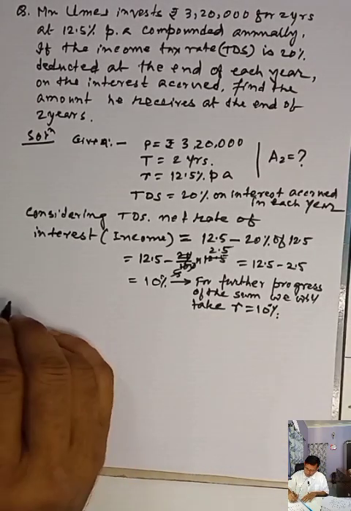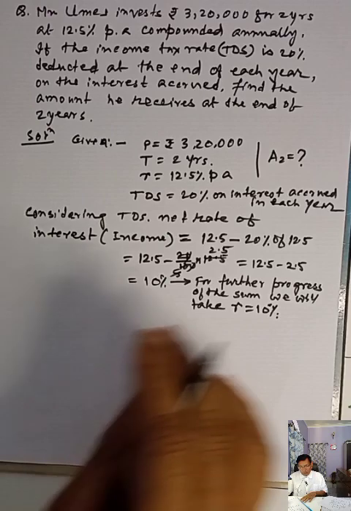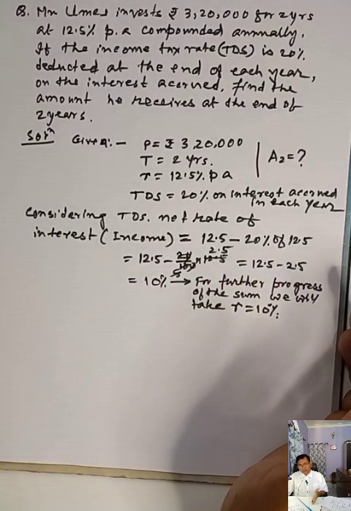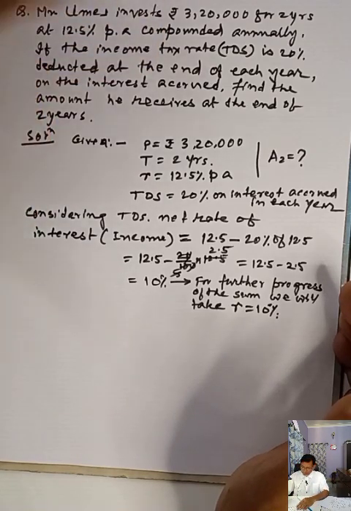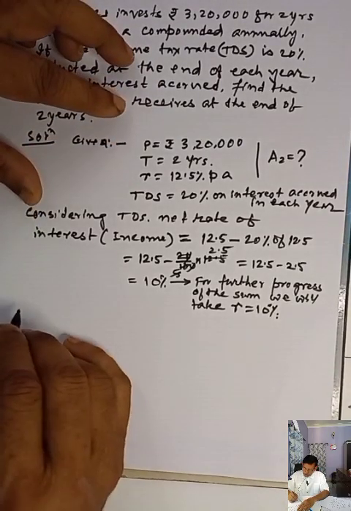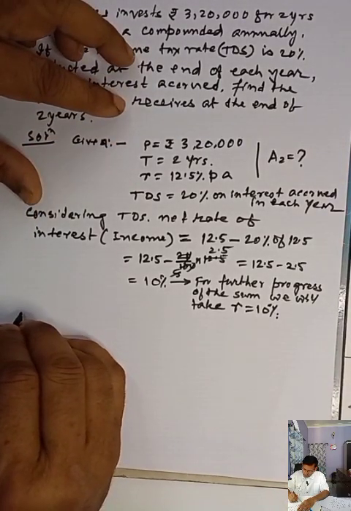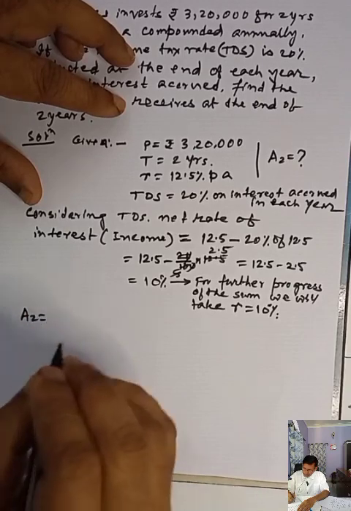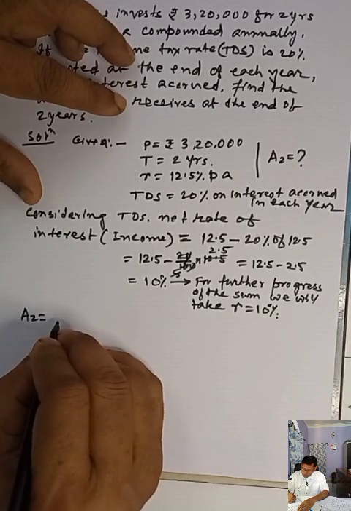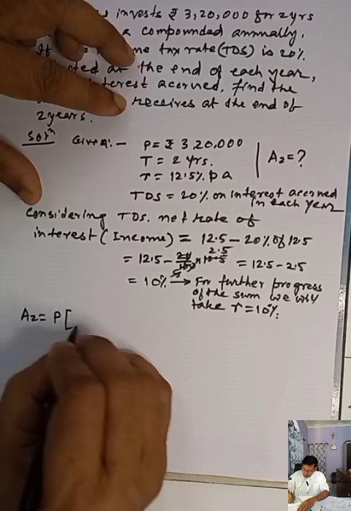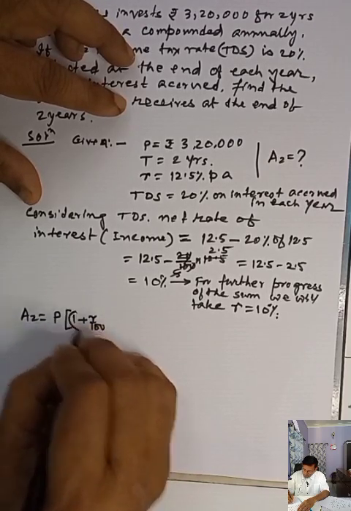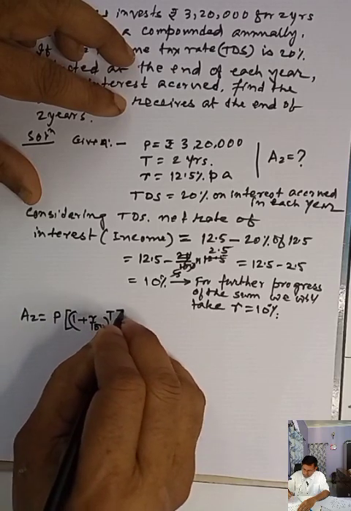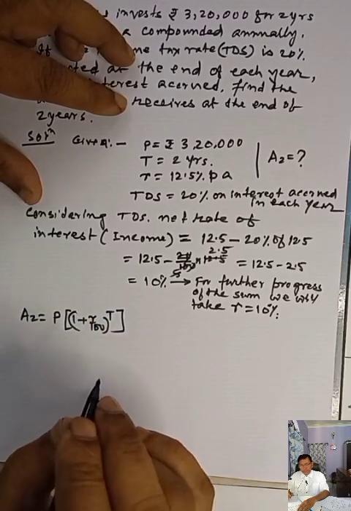So this A2 can be found out by using the formula directly or with the concept of compound interest. Now putting the formula directly, I am trying first. So A2 is equal to, formula is P into 1 plus R by 100 to the power T. Okay.